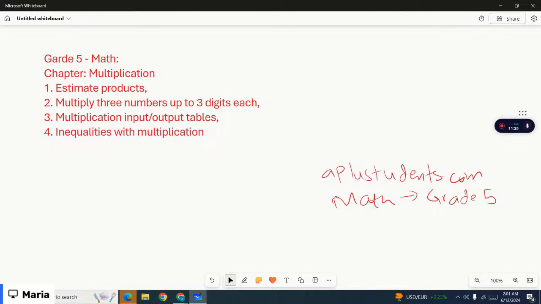The lessons we're going to cover today are estimate products, multiply three numbers up to three digits each, multiplication input output tables, and inequalities with multiplication.